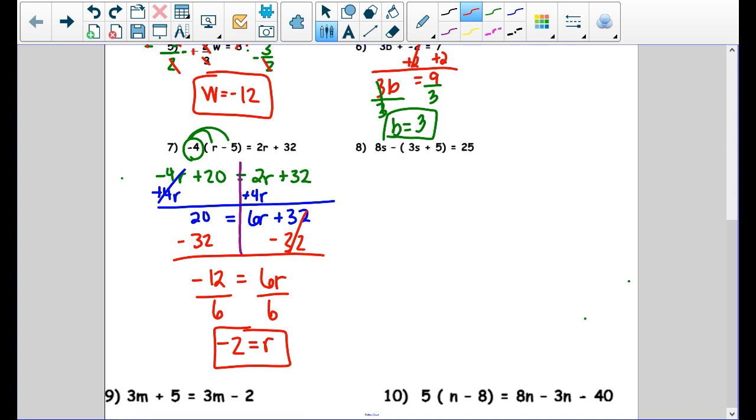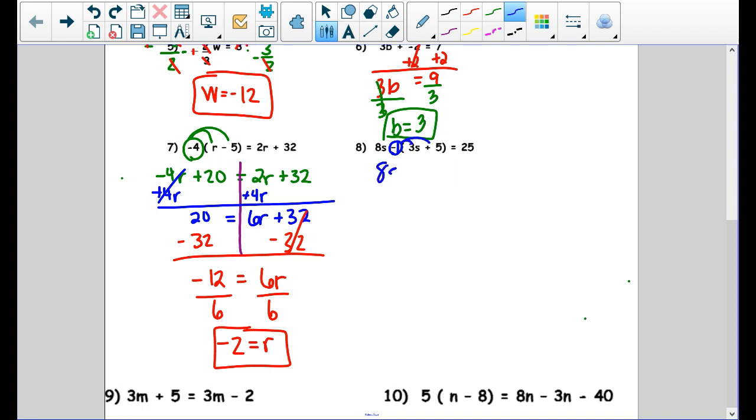Now, be careful on this next type of problem. If I just have a negative out front, actually there's a 1 here, so we can always plug in this 1, and I'm going to distribute that in. I'm taking this negative and distributing it to both.